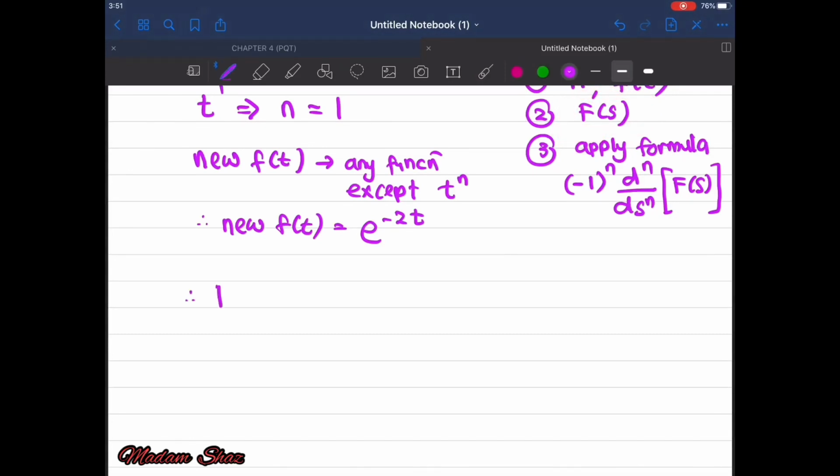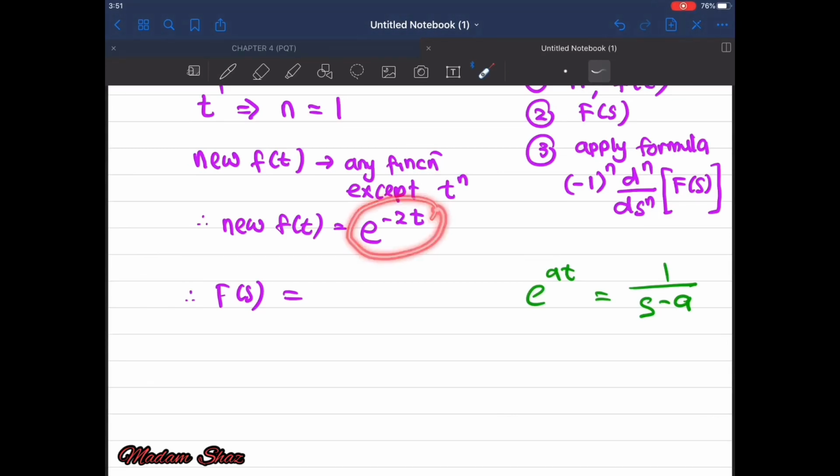So F(s) is equal to the Laplace transform of the exponential negative 2t. Refer to the table of the Laplace transform: exponent at is equal to 1 over s minus a. From exponential negative 2t, our a is equal to negative 2.